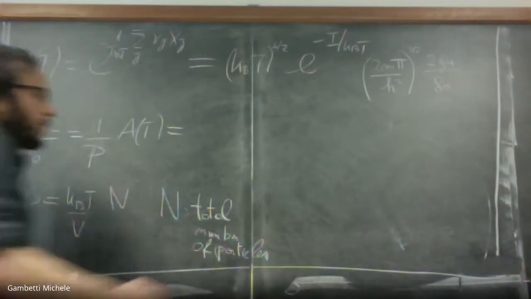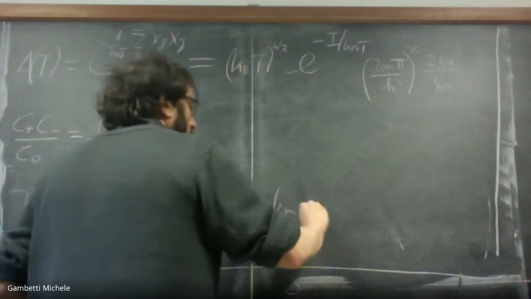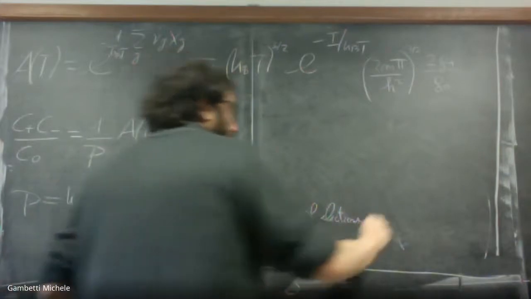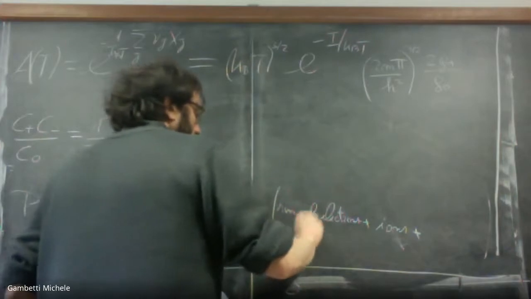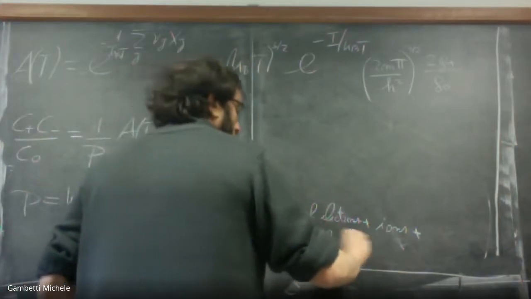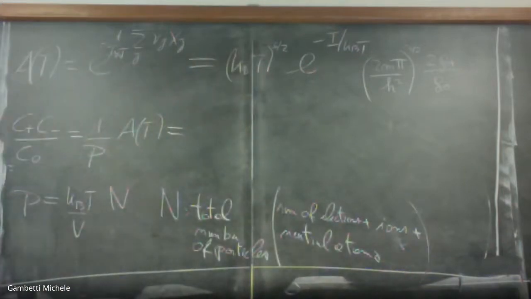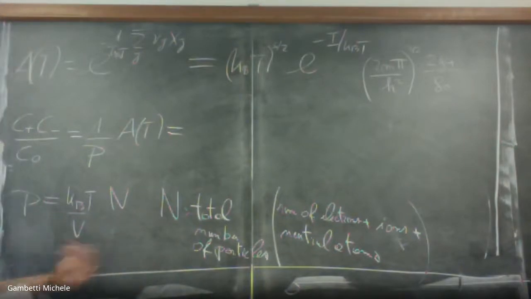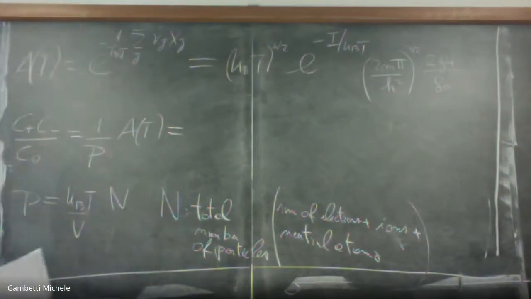So this n is the sum of electrons plus ions plus neutral atoms. If you want, this is the total pressure, which is the sum of the partial pressures, which are proportional to the particle densities for the different particles.